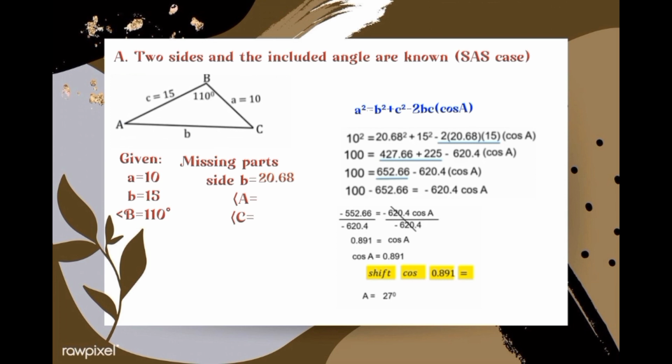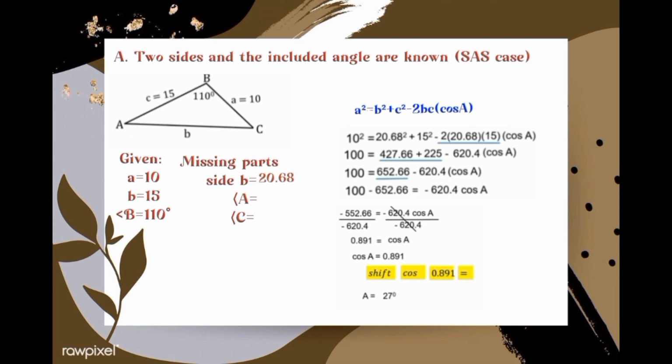So, what is left on the right side is negative 620.4 times cos A. So, we subtract: 100 minus 652.66 is negative 552.66. So, on the right side, we have negative 620.4 times cos A.